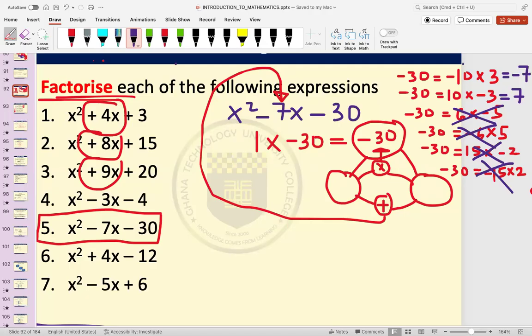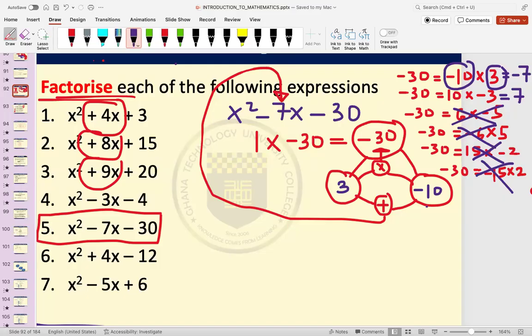So in other words, the two numbers I can use are negative 10 and then 3. So quickly I rush and put them here. In any order, you can bring the 3 first before the negative 10, or you can bring the negative 10 first before the 3. Any of them can be placed anywhere and you have the same results.